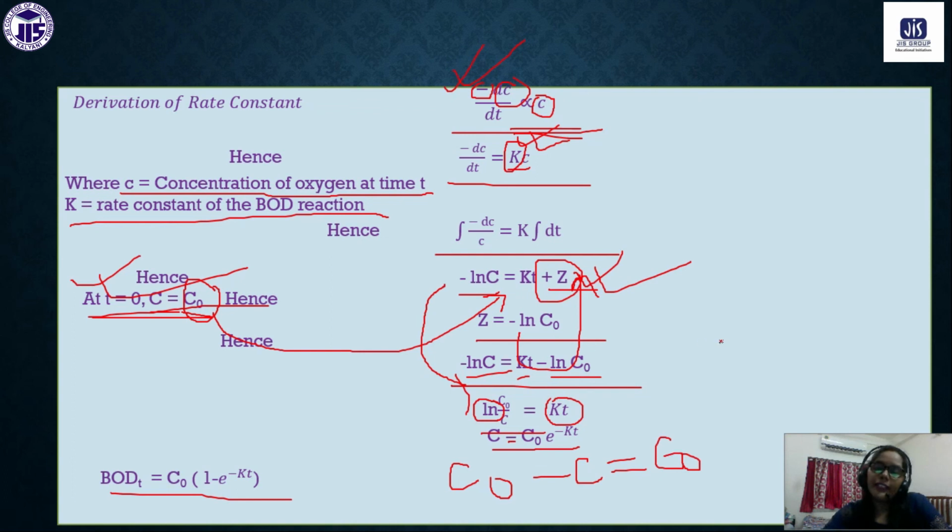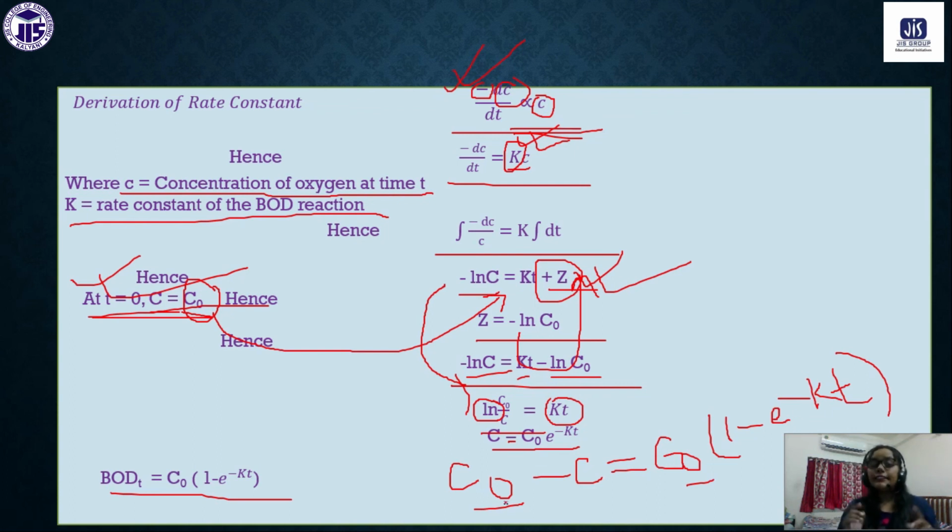C0 we have taken common, that is 1 minus e to the power minus KT, right? So if we incorporate one C0 term on both sides, we will get C0 minus C equals C0 into 1 minus e to the power minus KT.